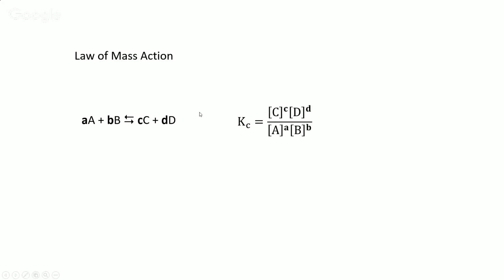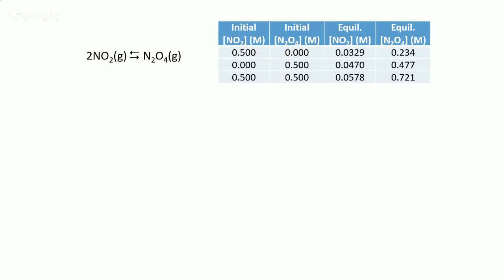So it's not like the rate law stuff in the kinetics chapter, where the orders had to be derived from the initial rate method or something else. Here with the equilibrium constant, it comes straight from the chemical equation. So, for example, if you have the reaction NO2 going to form N2O4, just to let you see what I mean, you can start the reaction at different concentrations.